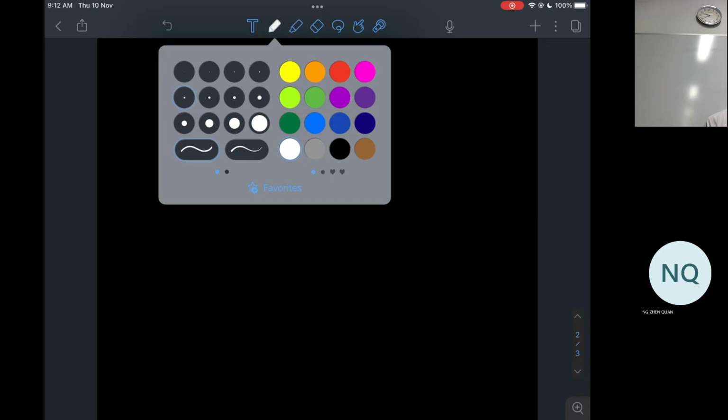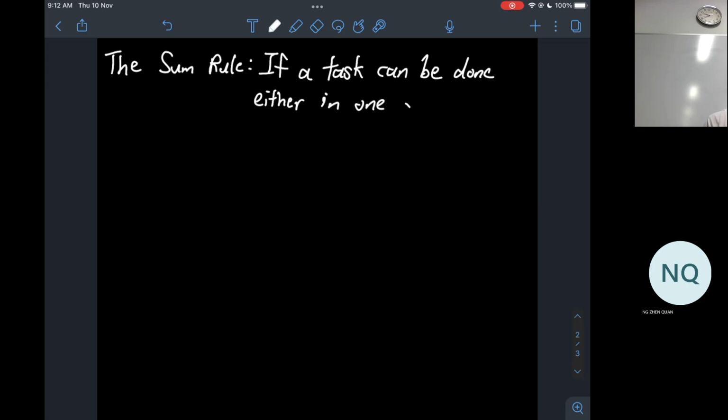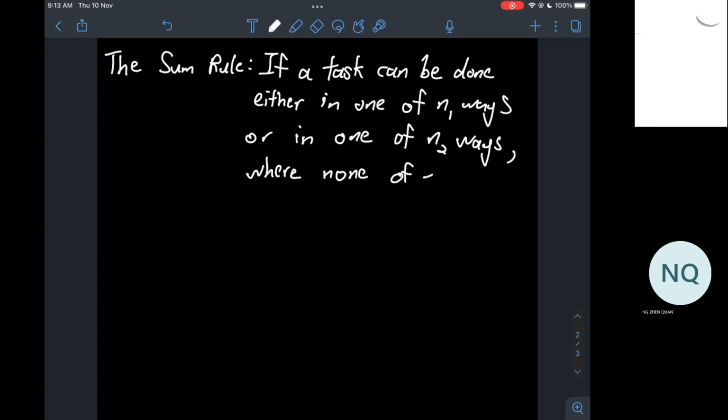Okay. Next is the sum rule. Suppose the first task can be done in one of two ways: n1 ways to use the first way, and n2 ways to use the second way, where none of the 2 ways are the same.